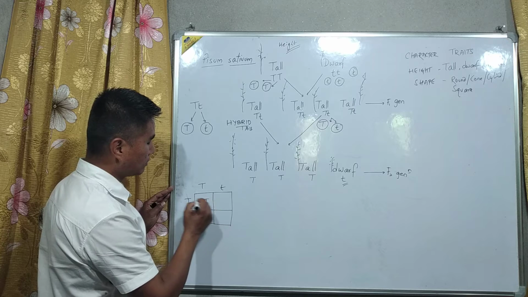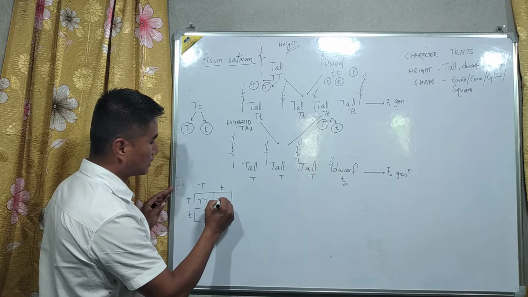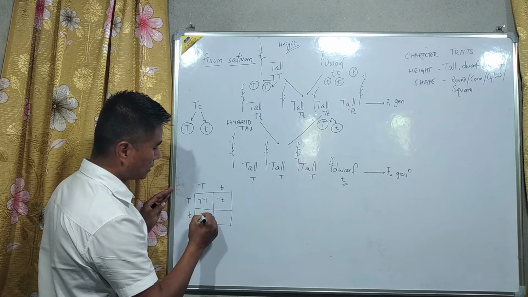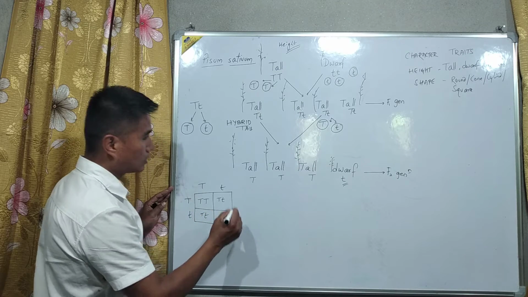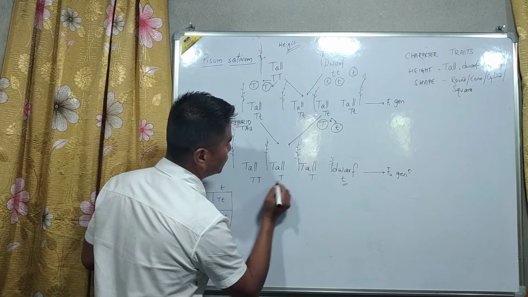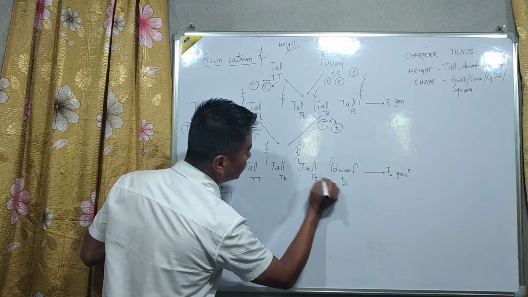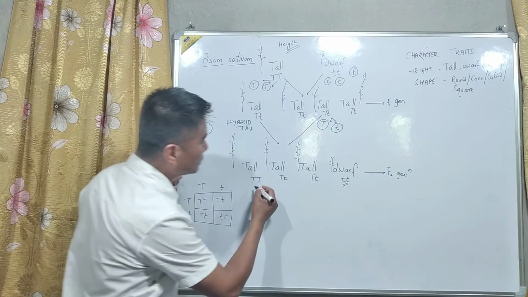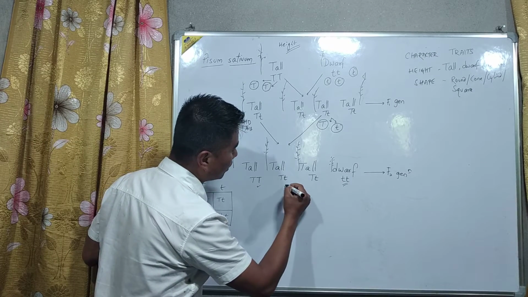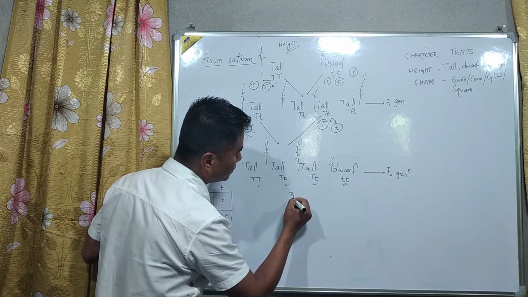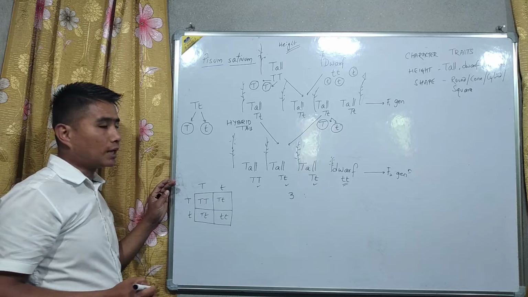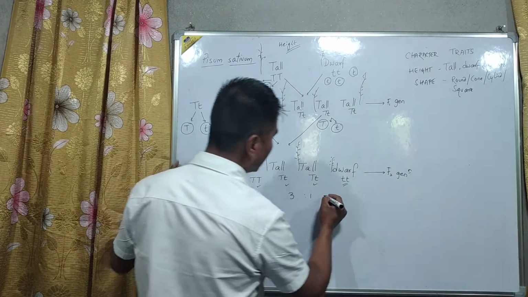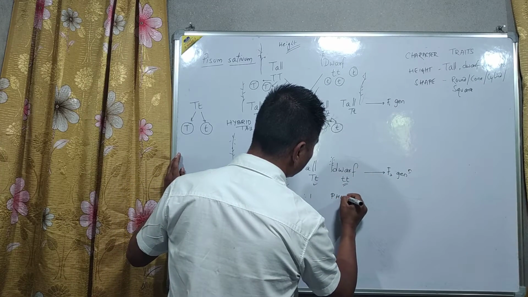So here we have T and t coming here, this and this, here, this and this. So this tall plant is pure tall, this is hybrid tall, and this is dwarf. From outside, what we see is this is also tall, this is also tall, this is also tall. So we see 3 plants tall and 1 plant dwarf. This is the phenotypic ratio.